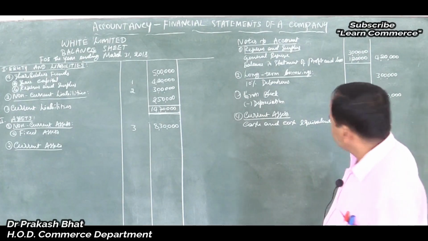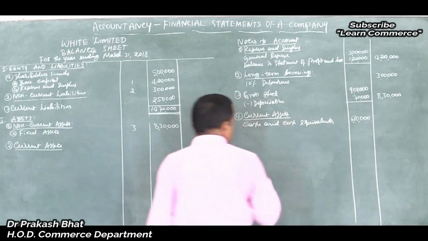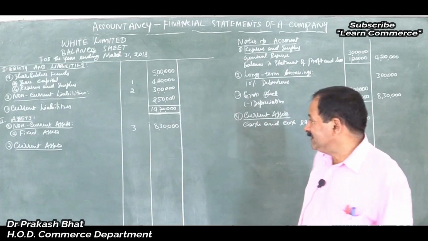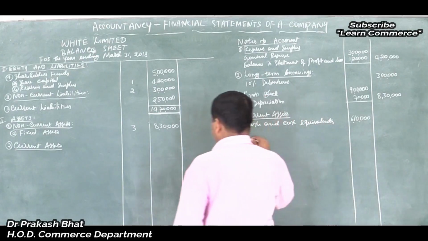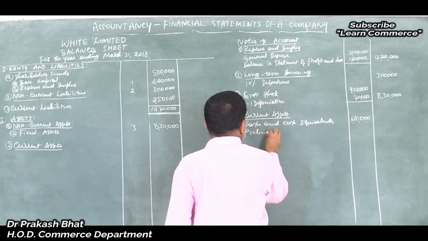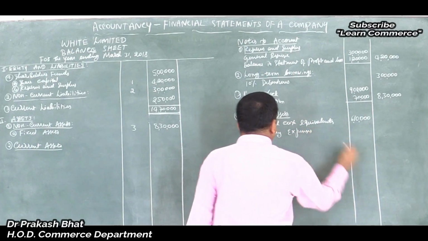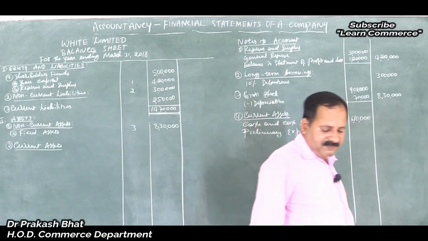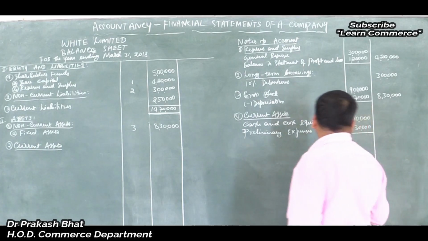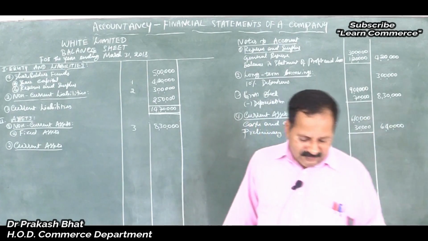Cash and cash equivalents 6,10,000. Then preliminary expenses 30,000, other current assets 30,000. 6,40,000, right?